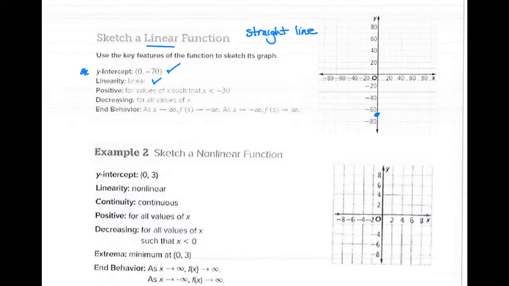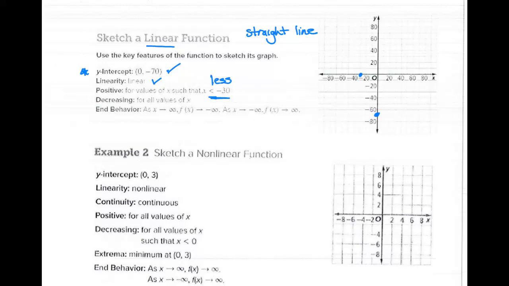All right, then it says it is positive for values of x where x is less than -30. Okay? Positive for values of x where x is less than -30. So find -30. This is kind of a point that they're talking about here. Less than -30. Here's -30. And for everything that's less than that, it says it's going to have a positive value.